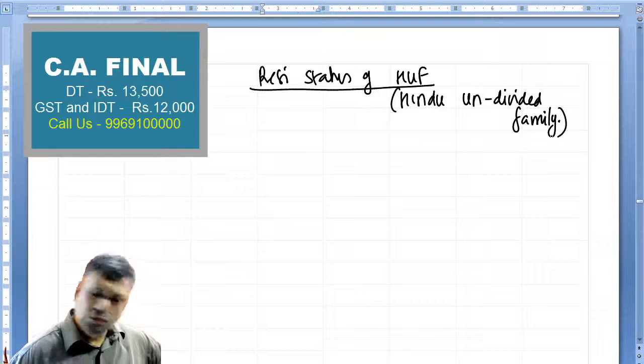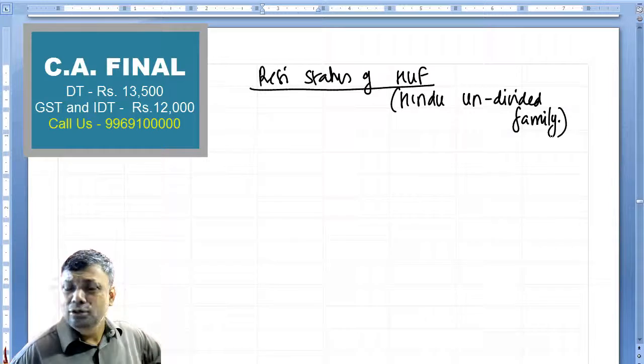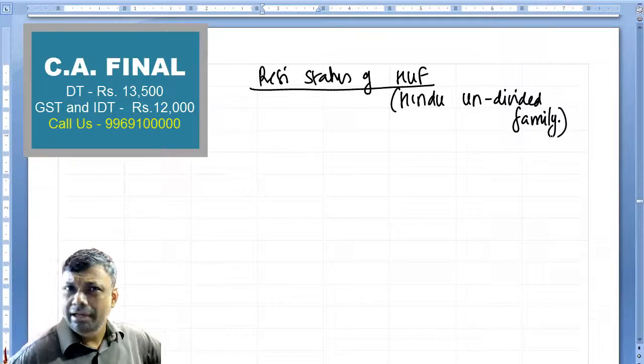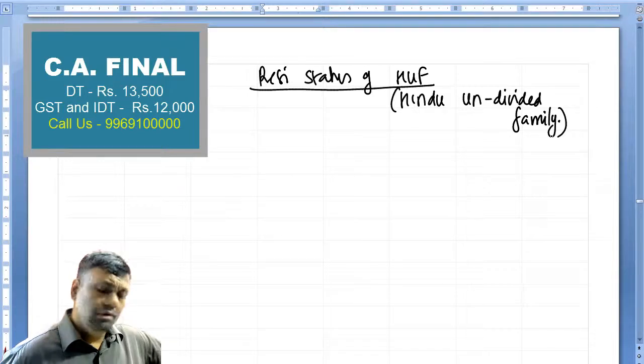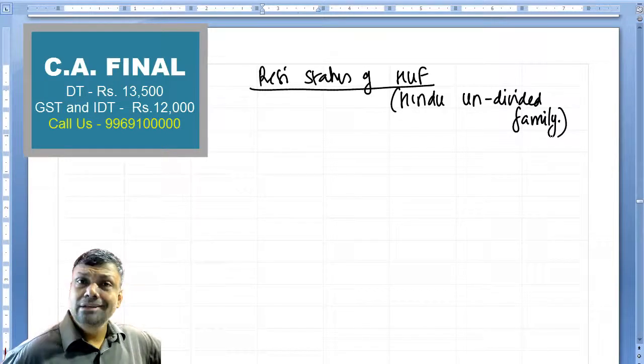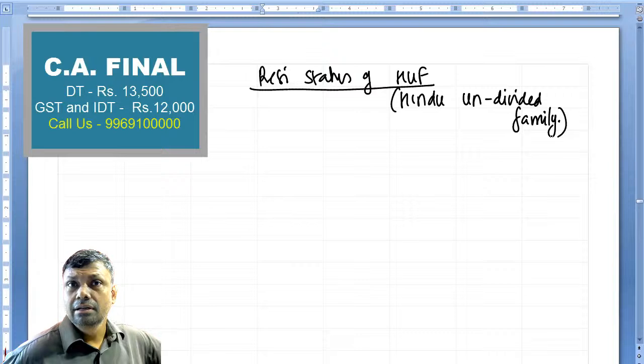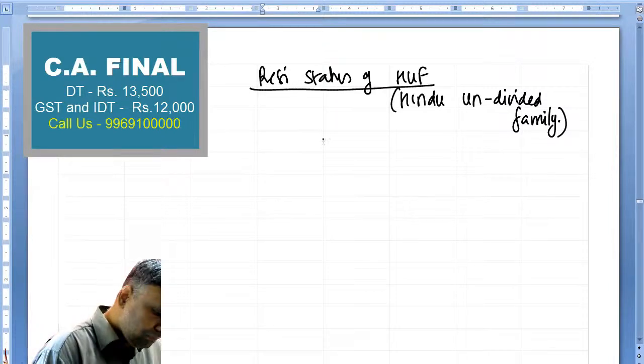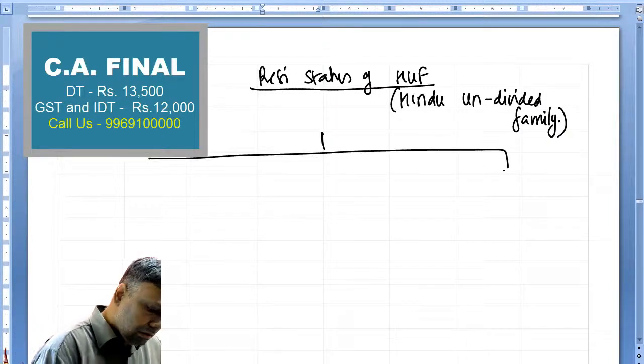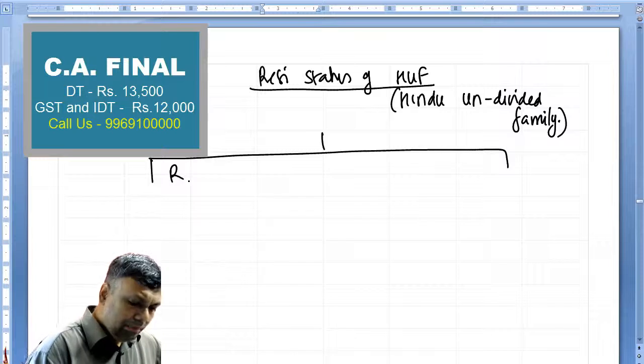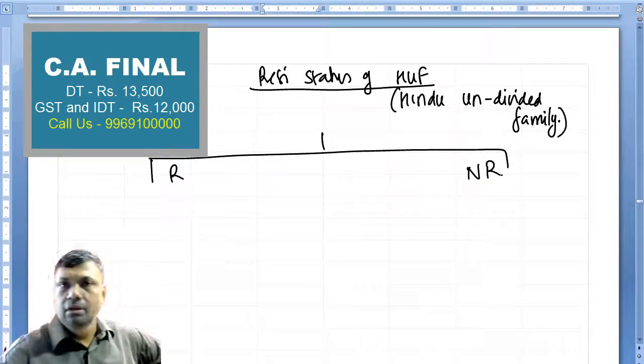I don't want to go into the depth of what is HUF because that's not part of the discussion right now. So let's proceed. Residential status of an HUF. It's a family. Here you can be resident, you can be non-resident.